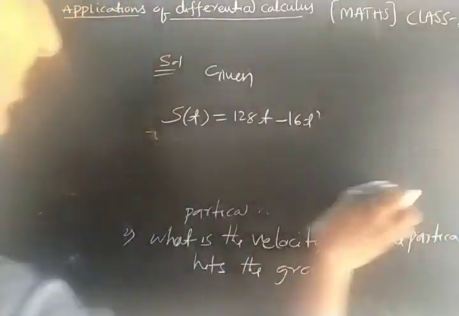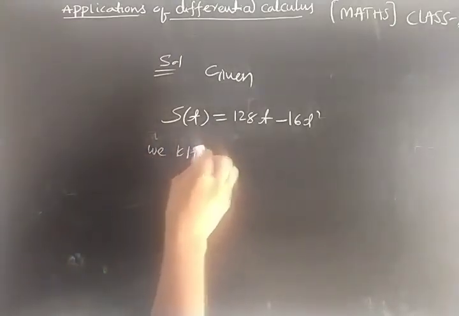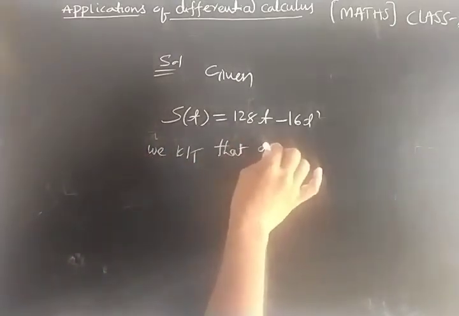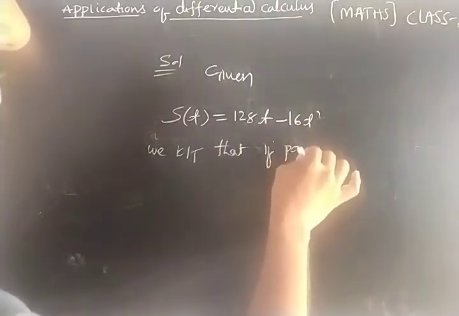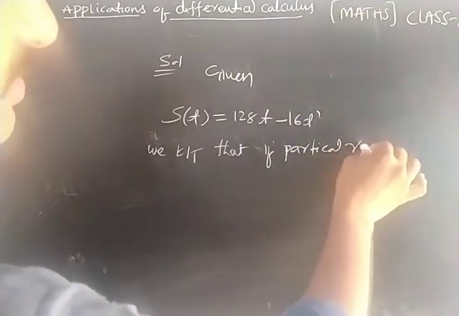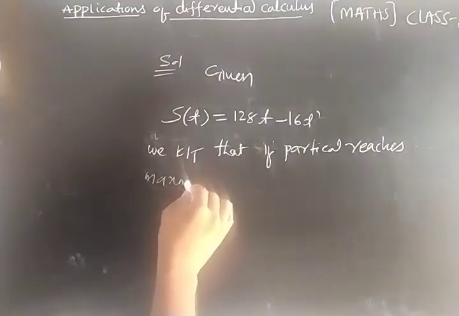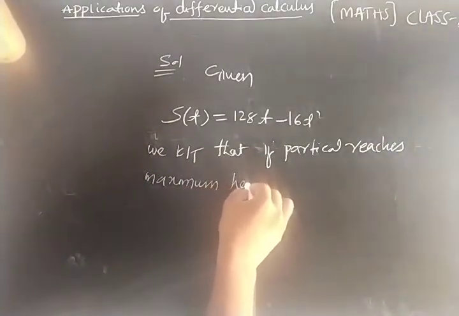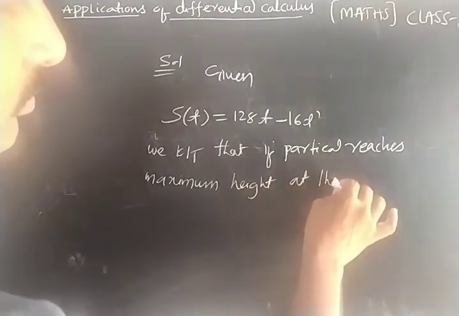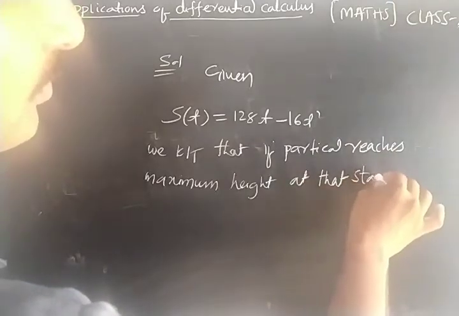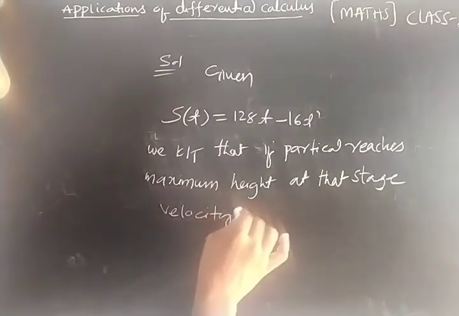Now to get the maximum height, we know that at maximum height, if the particle reaches maximum height, at that stage velocity will be 0.